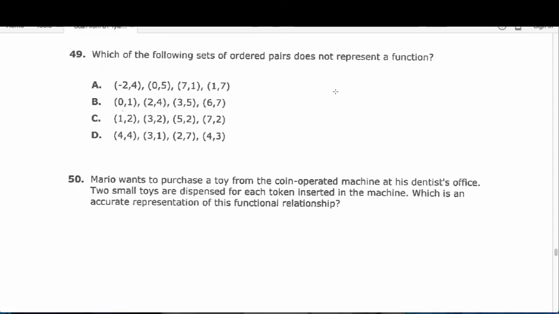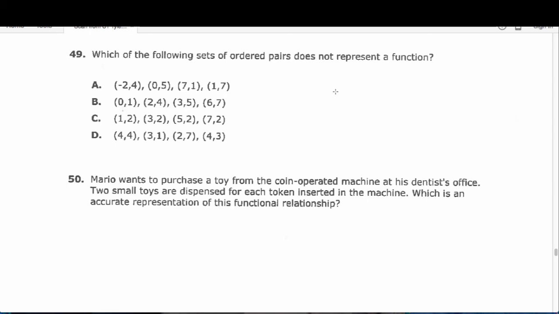Question 49. Which of the following sets of ordered pairs does not represent a function? A. Negative 2, 4, 0, 5, 7, 1, 1, 7. B. 0, 1, 2, 4, 3, 5, 6, 7.